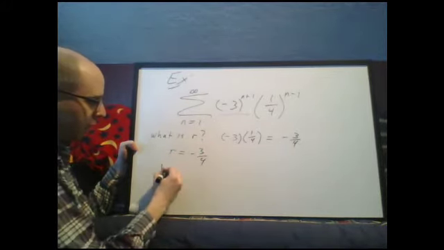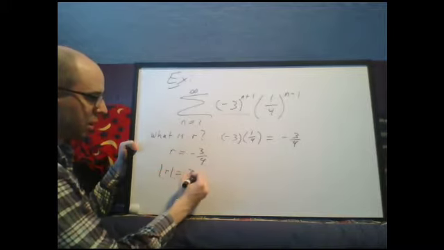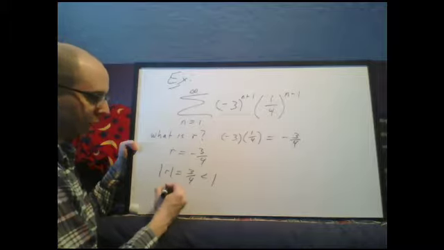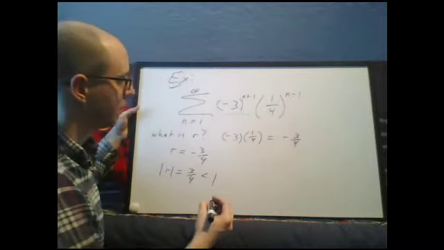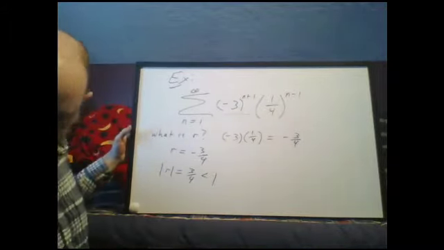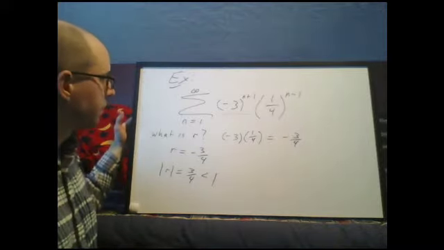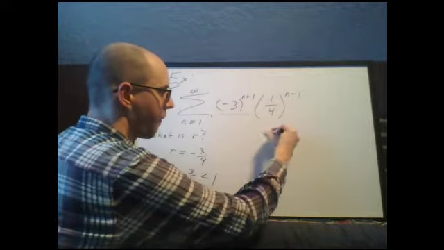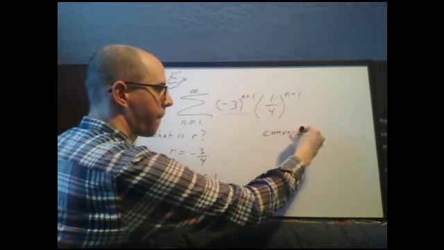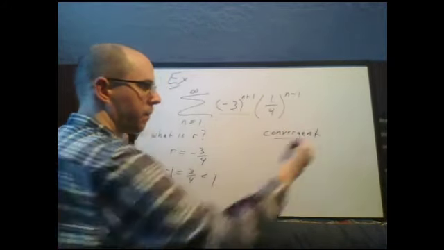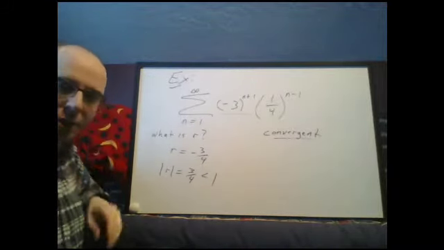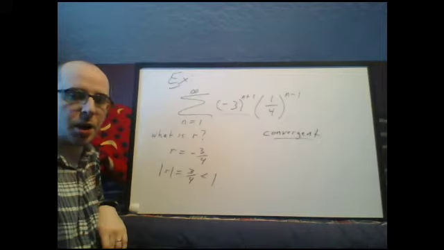At absolute value, r is 3/4, which is less than 1. That tells me we have a convergent series. You can answer the question, is it convergent or divergent, by figuring out what r is.